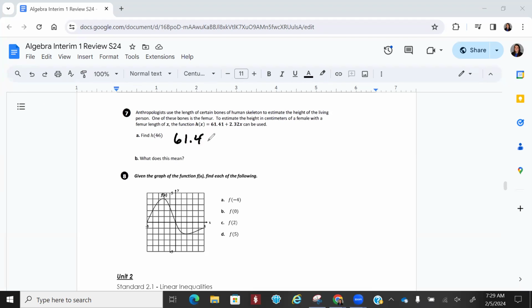So we've got 61.41 plus 2.32, and we're going to plug in 46. Can somebody type that into your calculator and tell me what you get? 61.41 plus 2.32 times 46.